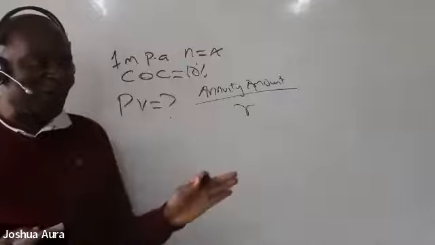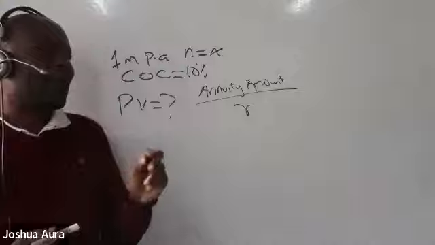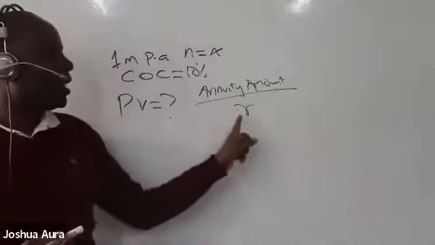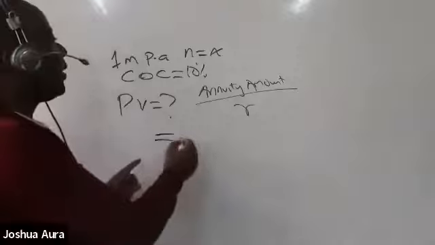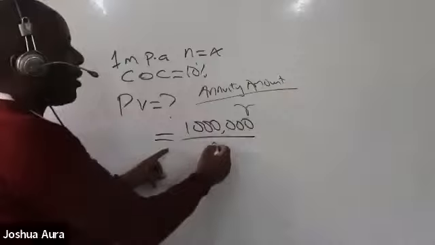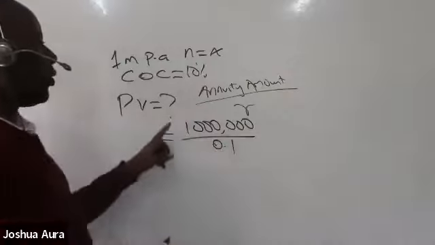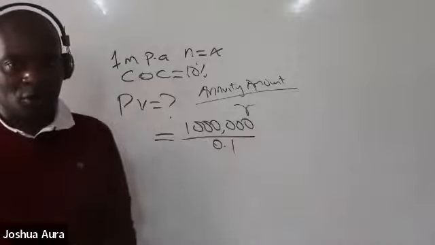But now here you have the amount, isn't it? Because 1 over R is the PV factor. When I want the PV, it will be annuity amount over who? Over R. So the annuity amount here is 1 million, over R of what here? R is the required return, which is the same as your cost of capital. Which will end up giving me how much?